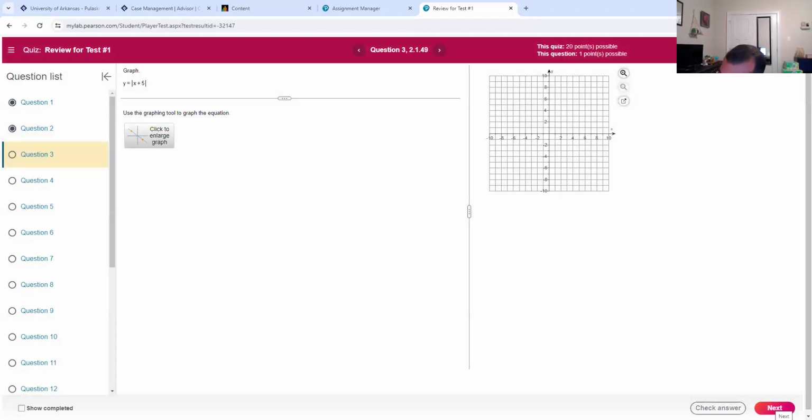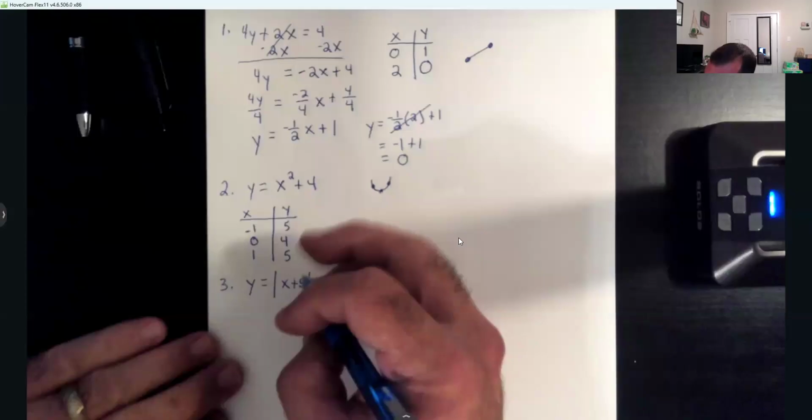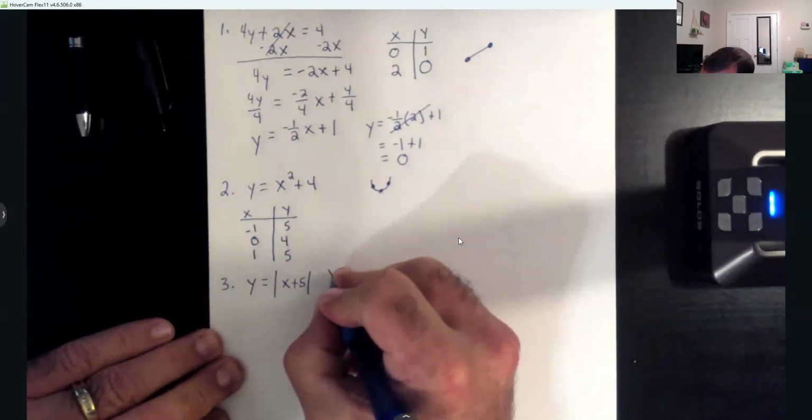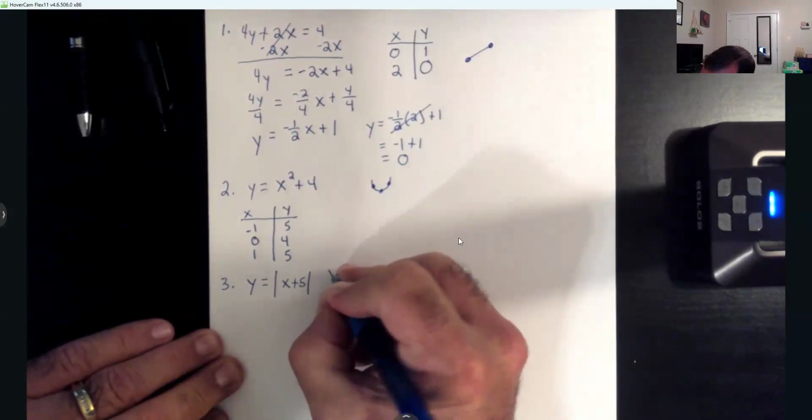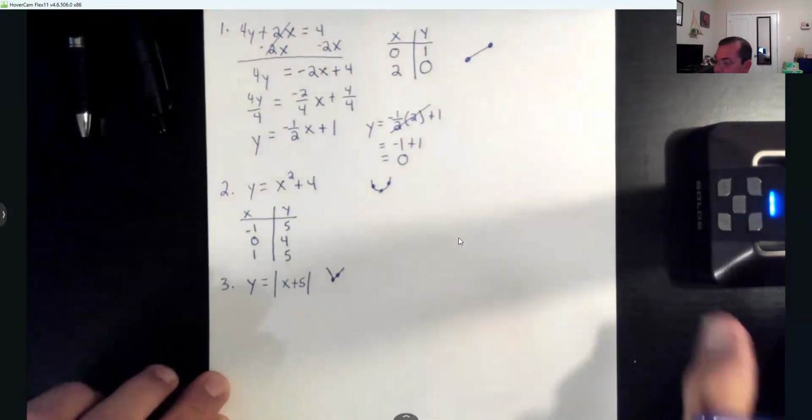So 3 is absolute value. Y equals absolute value of x plus 5. Y'all, this is the one that's going to be picky. So this one will be a 2-point absolute value tool when we graph it.